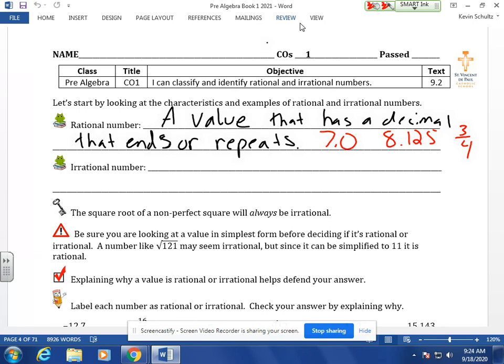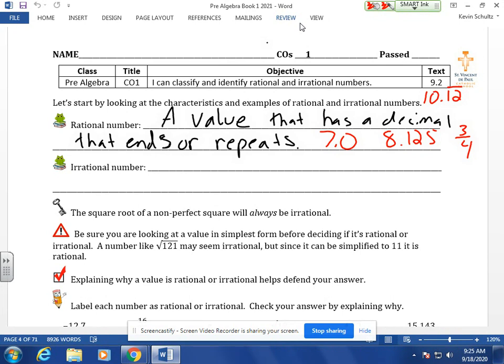Who knows what the symbol is to show that a decimal is repeating itself? You put a little line on top of it. Exactly. So if we had something like 10.12 with that line over it like that, that means that the decimal is 10.121212121212 and so on, right?